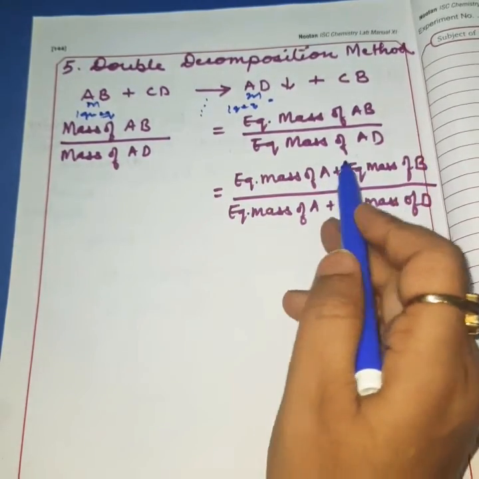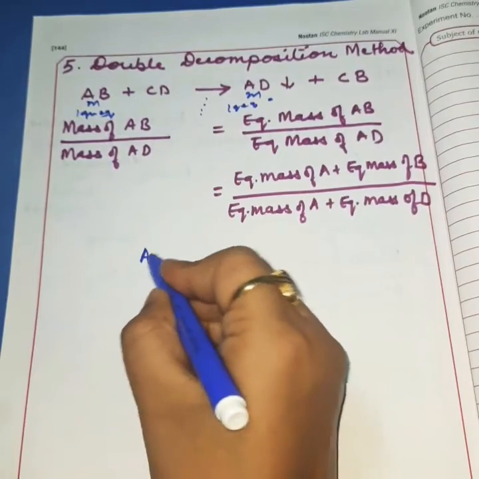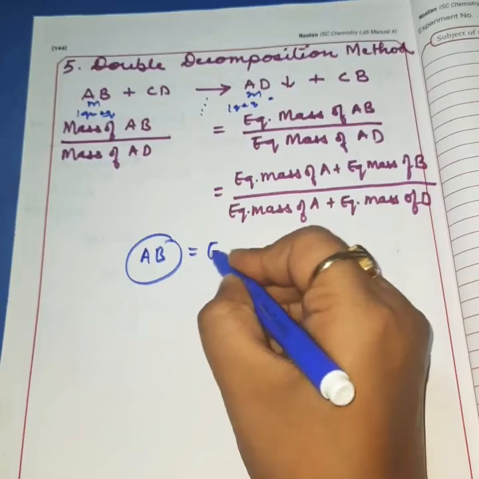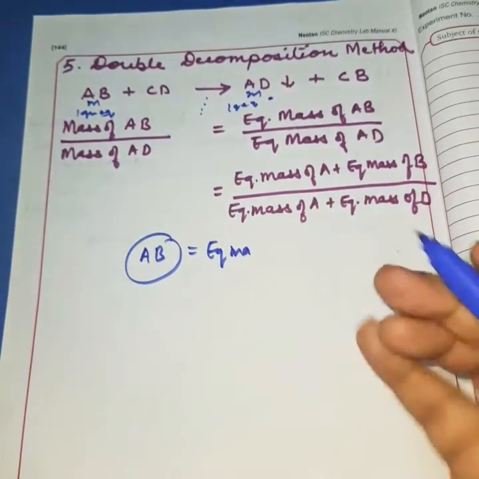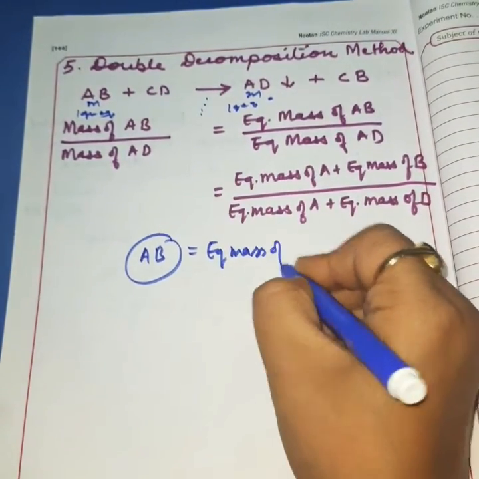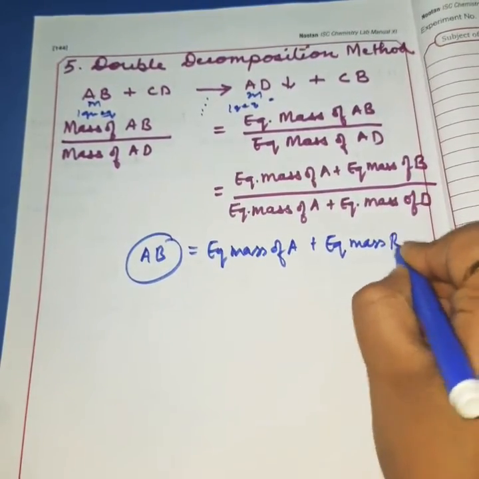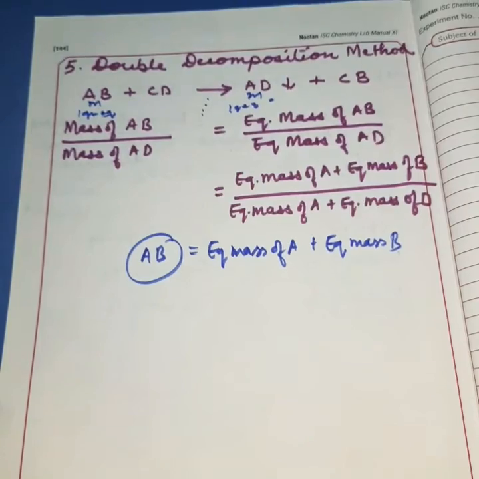Now equivalent mass of AD will be equal to equivalent mass of A plus equivalent mass of D. Definitely, for a compound AB, its equivalent mass will be equal to the equivalent mass of its components. So equivalent mass of A plus equivalent mass of B together compose equivalent mass of AB.